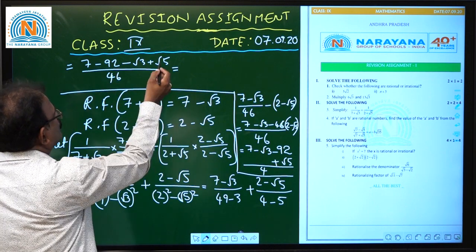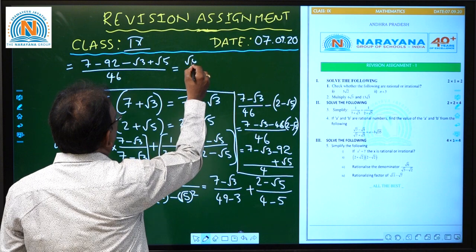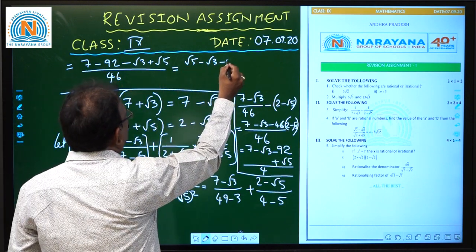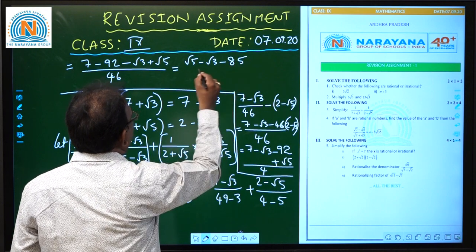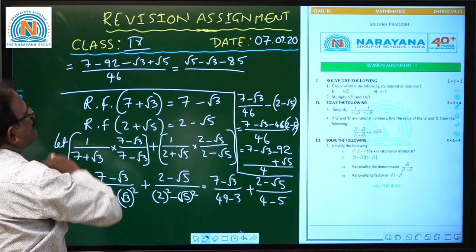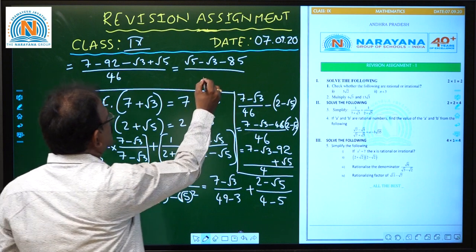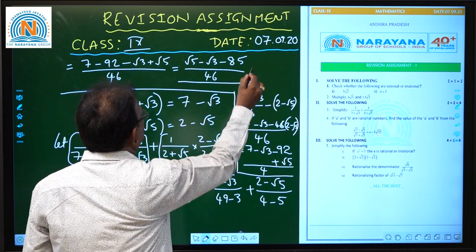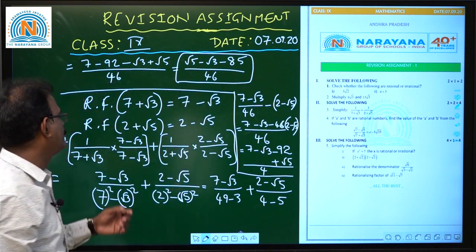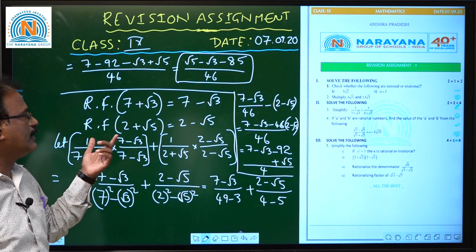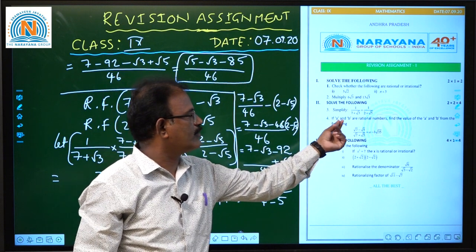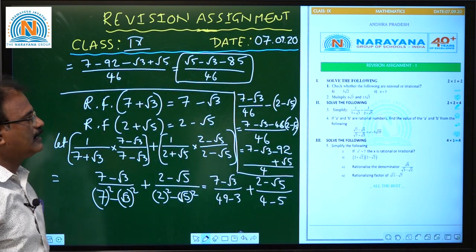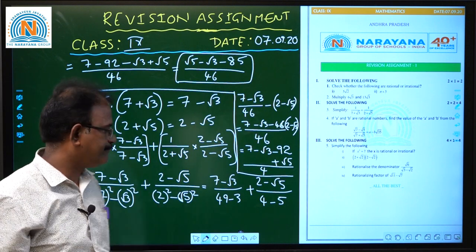So this is root 5 minus root 3, this is minus of 85, minus 92 plus 7, minus 85 divided by 46. So this is the simplified form of the given 1 by 7 plus root 3 plus 1 by 2 plus root 5 children. This is the answer for third question.